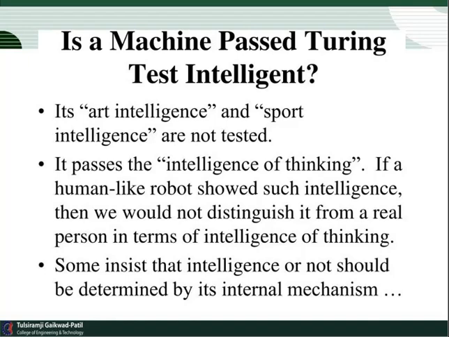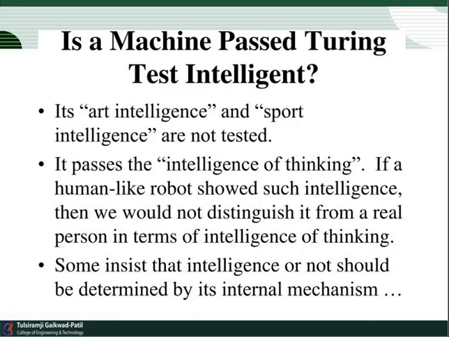Is it thinking in the same way, with the same intelligence, that a human being thinks? If it is, then it will pass the Turing test. But when the machine passes this Turing test in this particular context, we may say that it is not an art intelligent machine or a sport intelligent machine, because these two particular parameters are not yet tested.